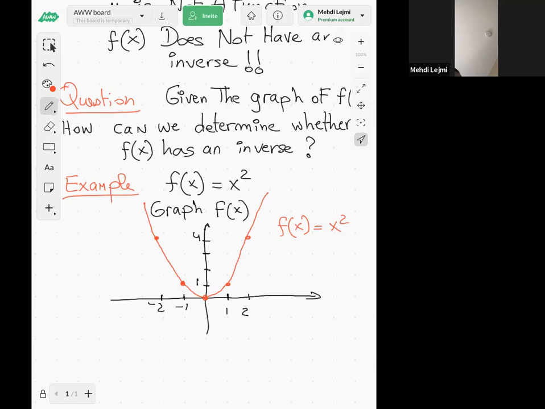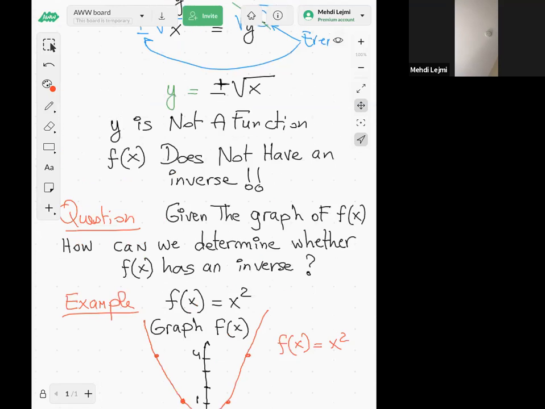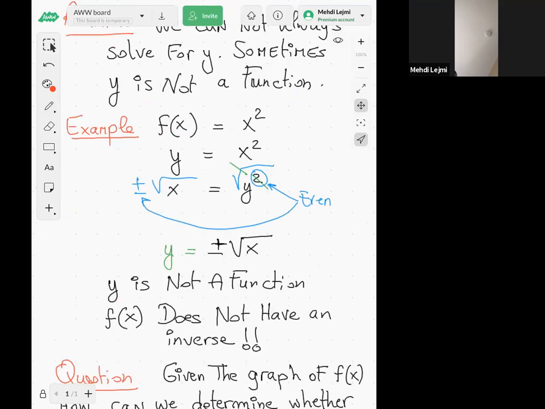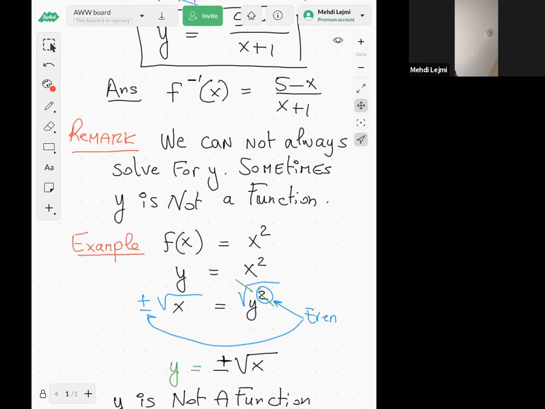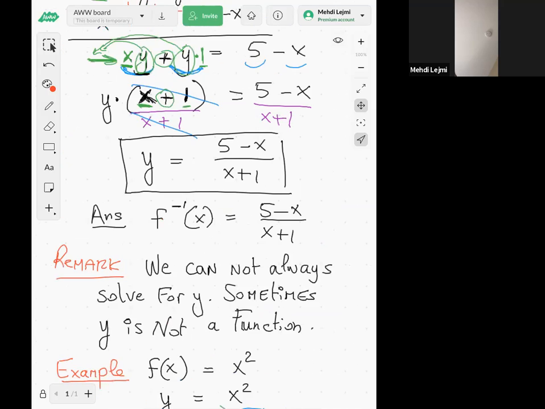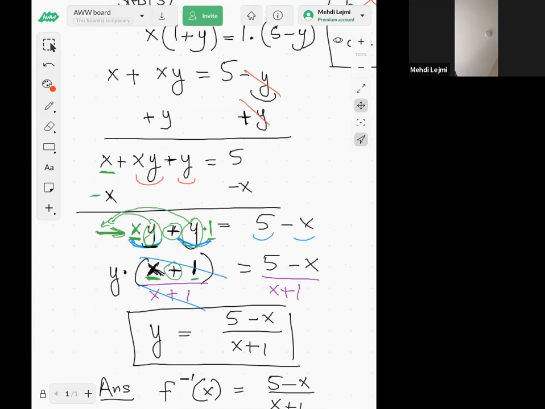So the question again: how can we determine whether this function f has an inverse or not? Remember, guys, when you want to find the inverse of a function, you have to interchange x and y. That's our second step.